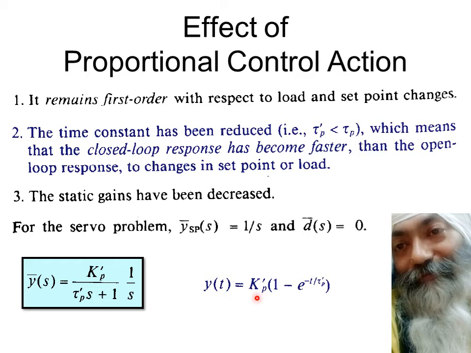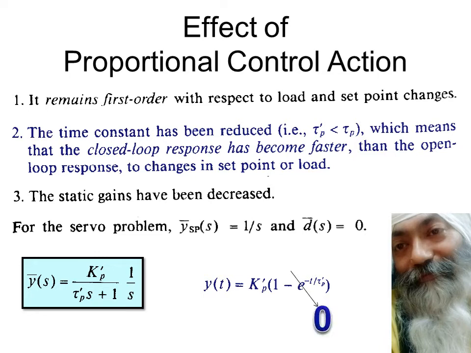Rather it is k dash p. So this was supposed to be 1, but it is not 1. There is some difference. This 1 minus k dash p is the difference. This difference is called offset. This is what we are going to discuss in the further slides.